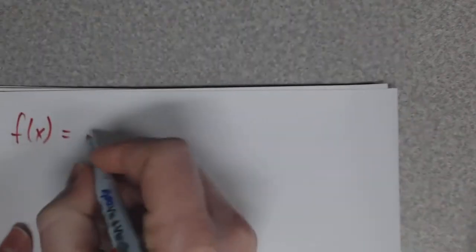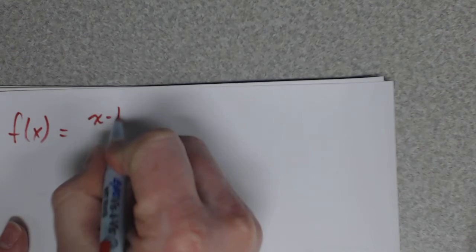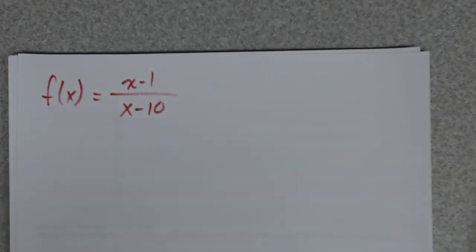Let's take a look at a different scenario. Let's take another function here. Well, what if it isn't bigger, right? What if you're looking at the horizontal asymptote, and let's say that the degree of the top is the same as the degree of the bottom. So they're both the same degrees.